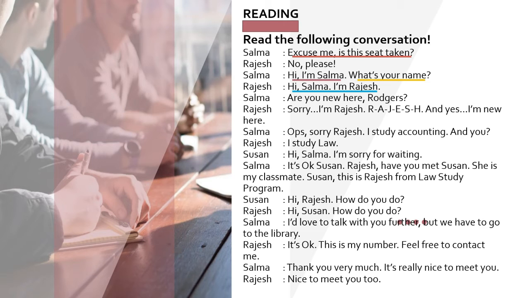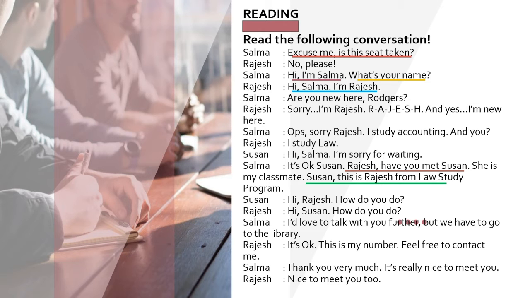And then the conversation goes on until Salma's friend comes. She is Susan. And then Salma introduces Rajesh to Susan and vice versa. Salma said, "Rajesh, have you met Susan? She's my classmate." "Susan, this is Rajesh from the Law Study Program."